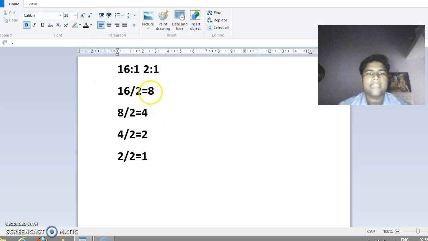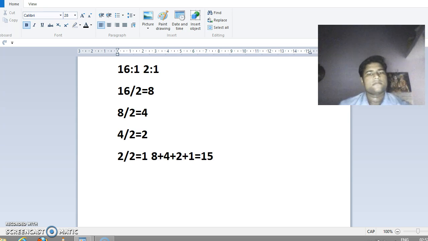Now simply add these numbers: 8 plus 4 plus 2 plus 1. 8 and 4 is 12, 12 and 2 is 14, plus 1 is 15. So 15 is the answer.